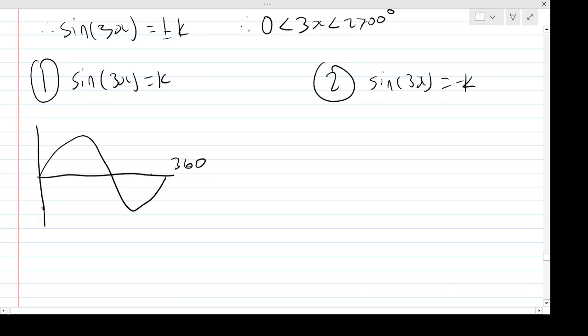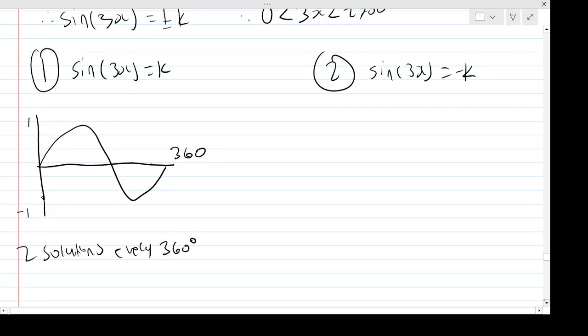We already discussed that if we have 1 up here and minus 1 there, if k is positive, there are two solutions every 360 degrees, and likewise if it's negative. So two solutions every 360 degrees.